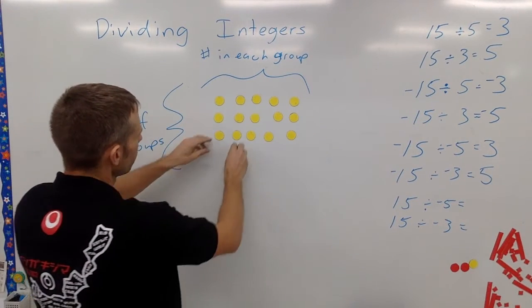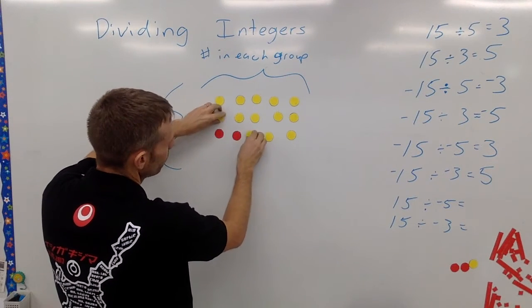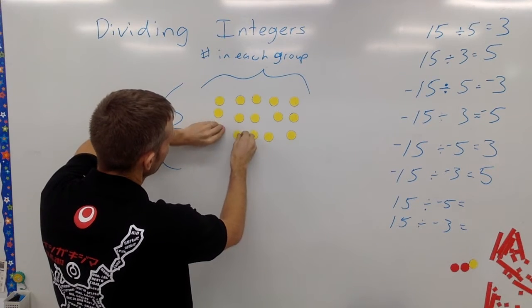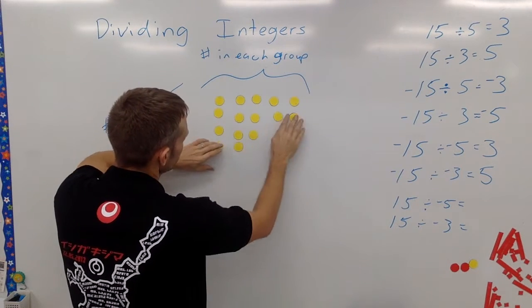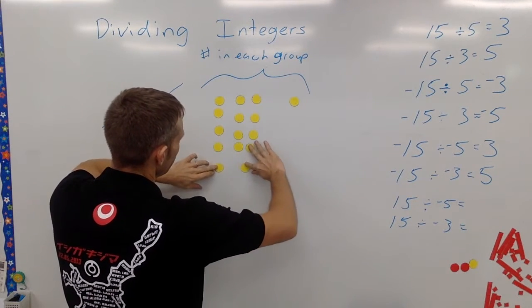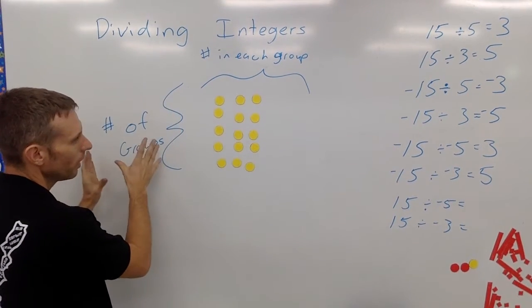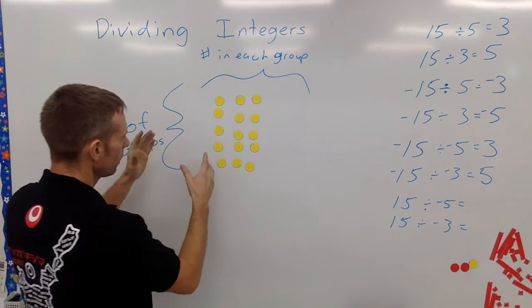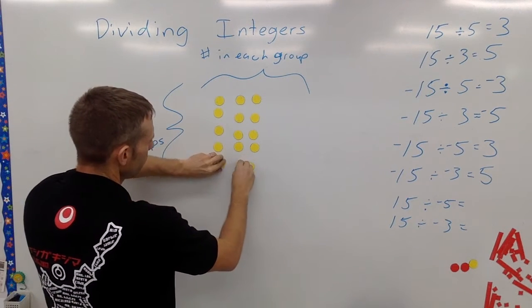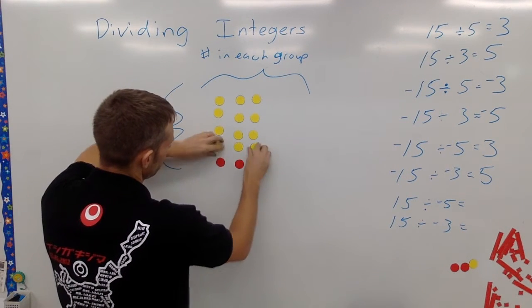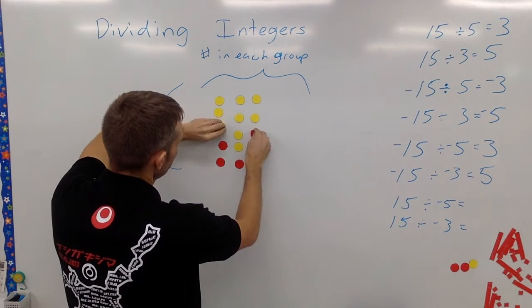Now, same principle. If I started out with positive 15, I'm going to divide it by negative 5 groups. So not 5 groups, but negative 5. All these are going to flip.